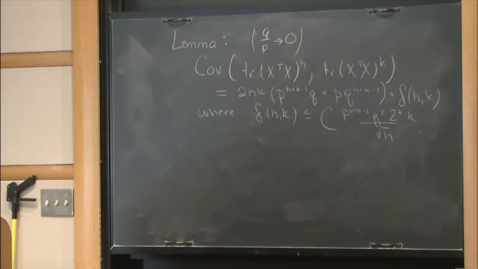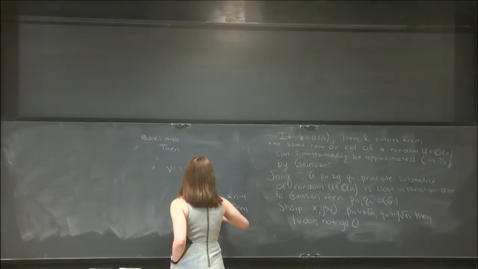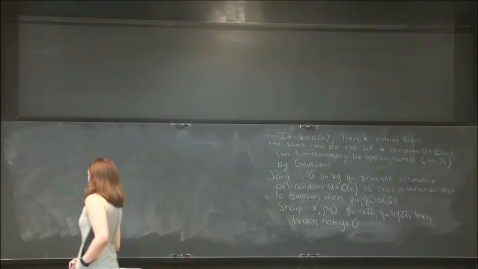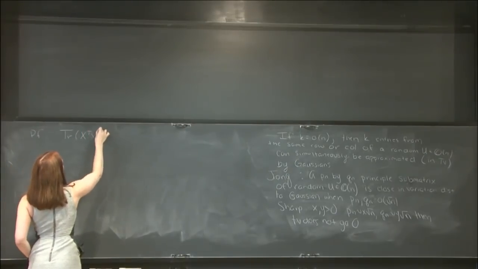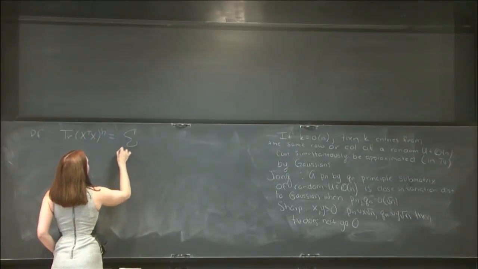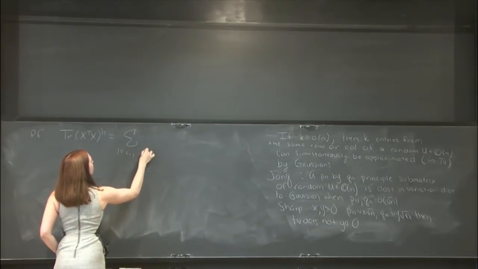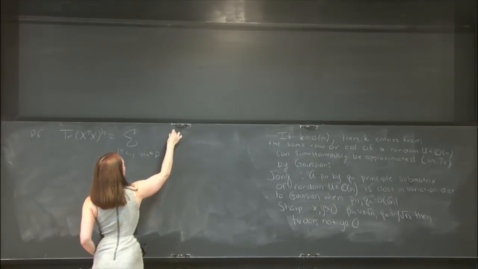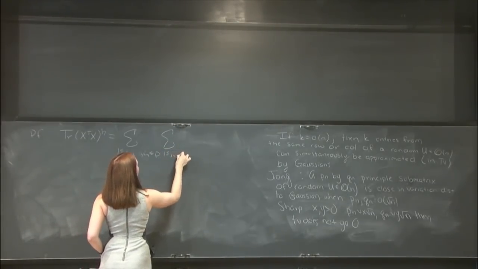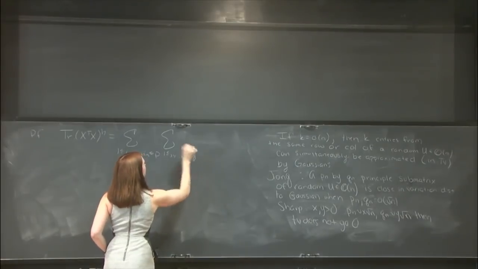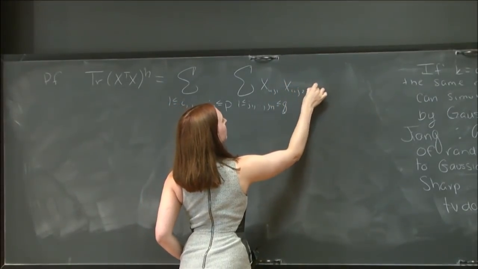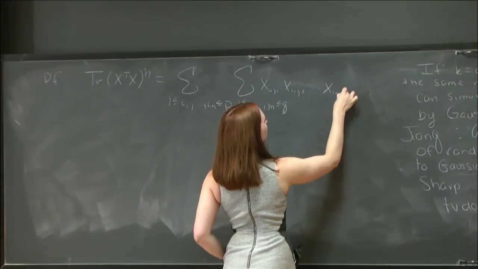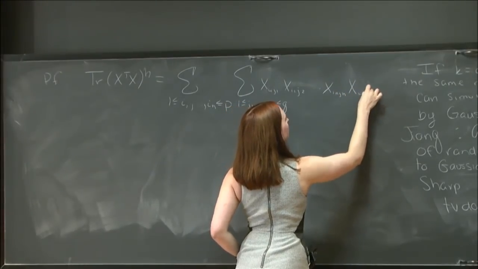So the idea here, we can take the trace of X transpose X to the h and rewrite it as a sum over i_1 up to i_h between 1 and p, and the sum over j_1 up to j_h between 1 and q, of x_{i1 j1}, x_{i1 j2}, and so on up to x_{ih jh}, x_{ih j1}.